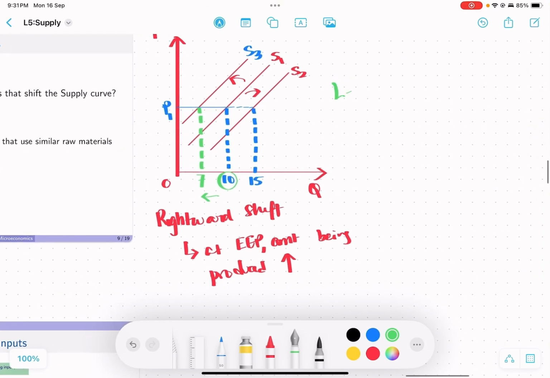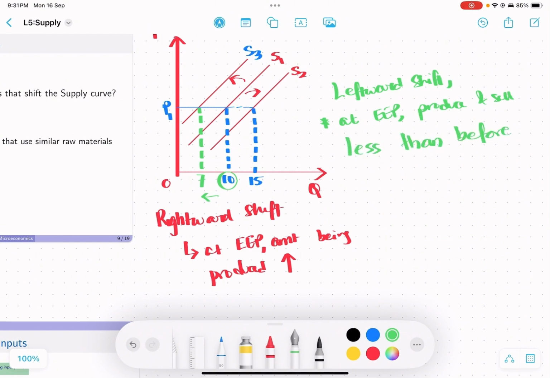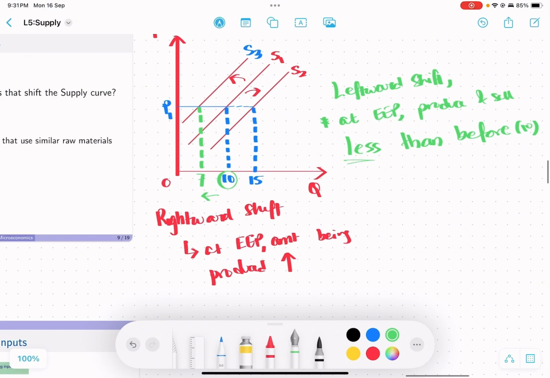At each and every price, whatever the price the firm is facing, it can now produce and sell less than before. Basically, before it was producing 10 and now it's producing 7. That is the difference between a leftward shift and a rightward shift.